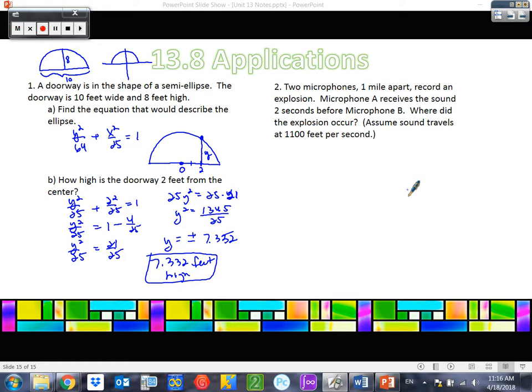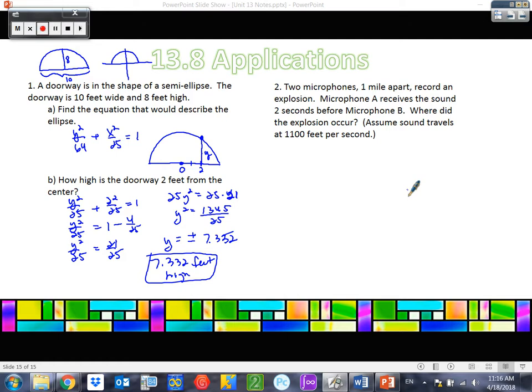This is really talking about a hyperbola. I'm going to give you a saying. I'm going to say what the rule is, and then I'm going to explain it, because if I just say the rule and you don't understand it, you would try to memorize it, and that may not work.